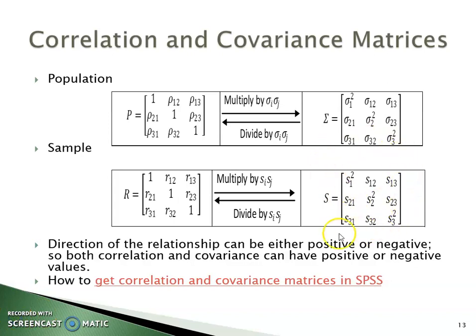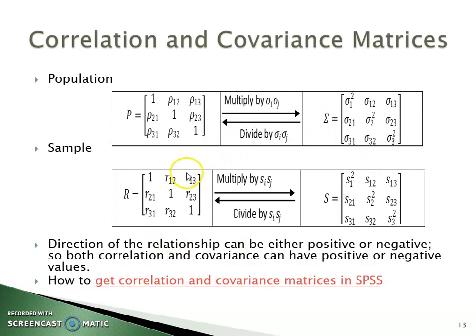If we know the covariance matrix, we want to find the correlation matrix, we do the stuff the other way around. For example, if we have the covariance between x1 and x3, we divide this value by the standard deviation of x1 and the standard deviation of x3, we will have the correlation between x1 and x3.